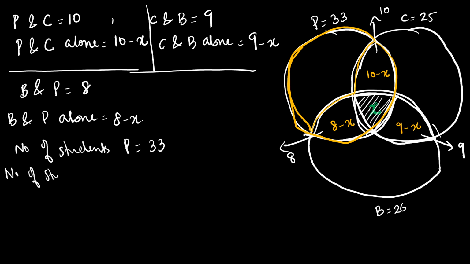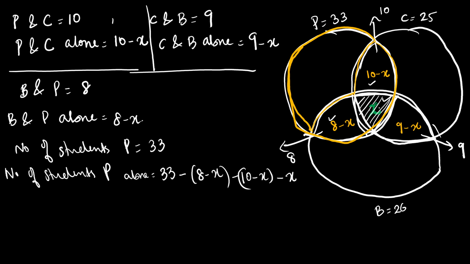It would be this total 33 minus all these portions: 8 minus x, 10 minus x, and x. 33 minus 8 minus x minus 10 minus x minus x, that will be 15 plus x. Now similarly we'll find the others also.